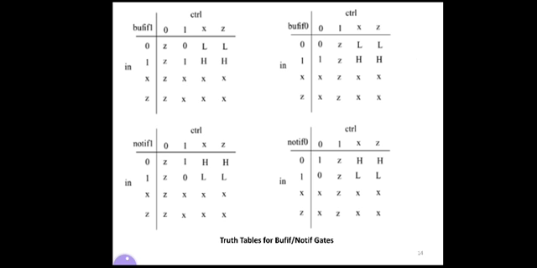Just check bufif1. For bufif1, if the control input is 1, then only the output is going to follow the input. That's why we check the control input 1.